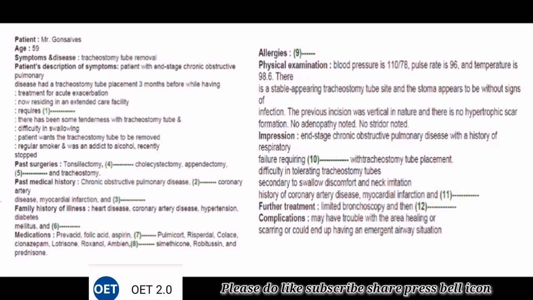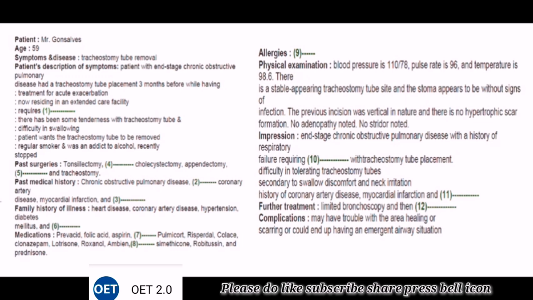Your diagnosis reports show you have end-stage chronic obstructive pulmonary disease with a history of respiratory failure requiring mechanical ventilatory support with tracheostomy tube placement. You have difficulty in tolerating tracheostomy tubes secondary to swallow discomfort and neck irritation with no further need for tracheostomy tube. You have a history of coronary artery disease, myocardial infarction, and cirrhosis of liver.